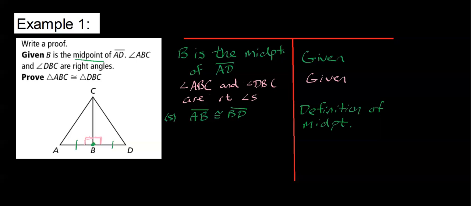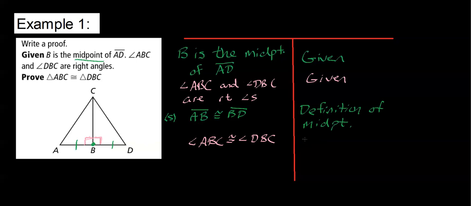Next thing we know, if angle ABC and angle DBC are both right angles, well, we know they're both 90 degrees. They are congruent to each other. So we are going to be able to say that angle ABC is congruent to angle DBC. How do we know that that's true?